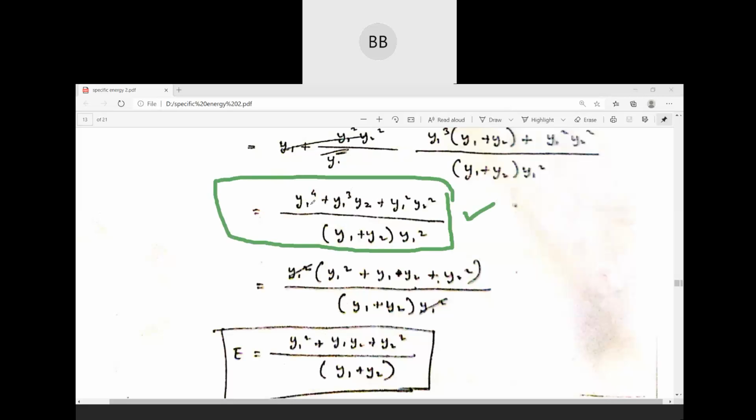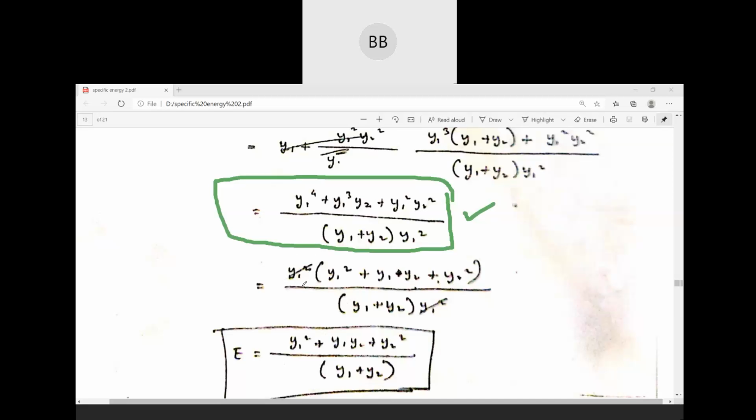After that, if you see here, y1 to the power 4, then y1 cube, then y1 square. So from here we can take a common factor of y1 square. If we take out y1 square, it will be y1 square plus y1 y2, plus again y1 square we have taken out, so what will be left out is y2 square.